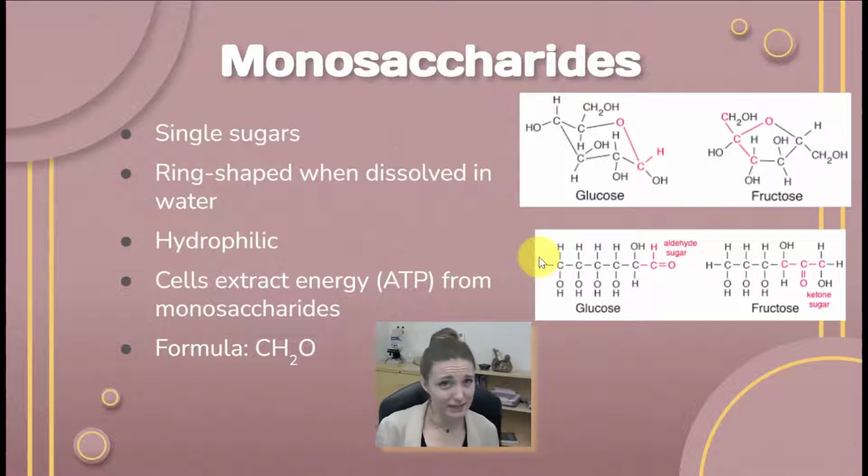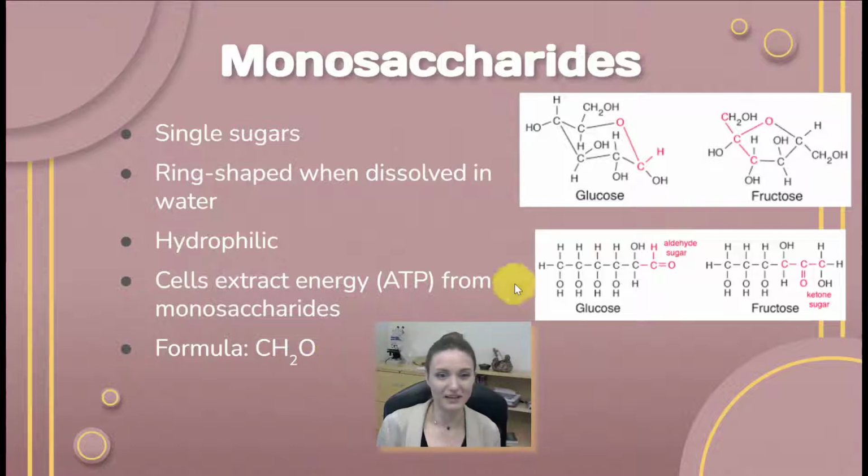So most carbohydrates, monosaccharides included, have the same basic formula, CH2O. Any variation of this, we could have C6H12O6, that's glucose. Any multiple of this number gives us a carbohydrate. So carbon and water is how they get their name: carbon, H2O is water, carbohydrate.